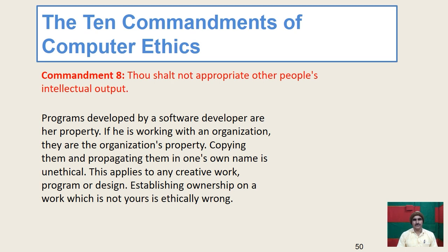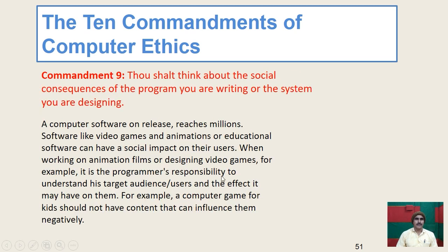This applies to any work, creative work, program or design. Establishing ownership on a work which is not yours is ethically totally wrong. Commandment number 9: you should think about the social consequences of the program you are writing or the system you are designing.